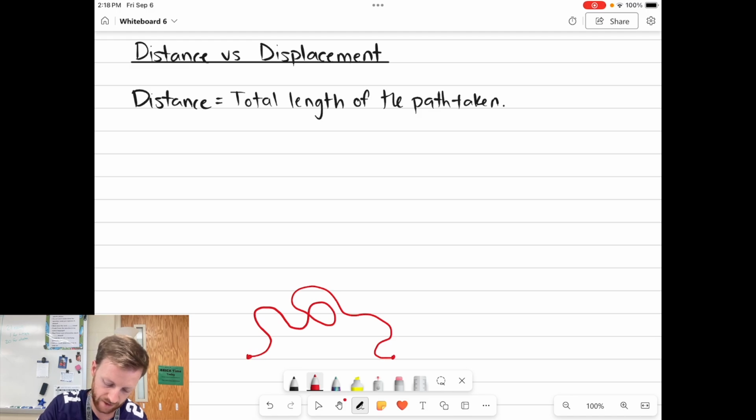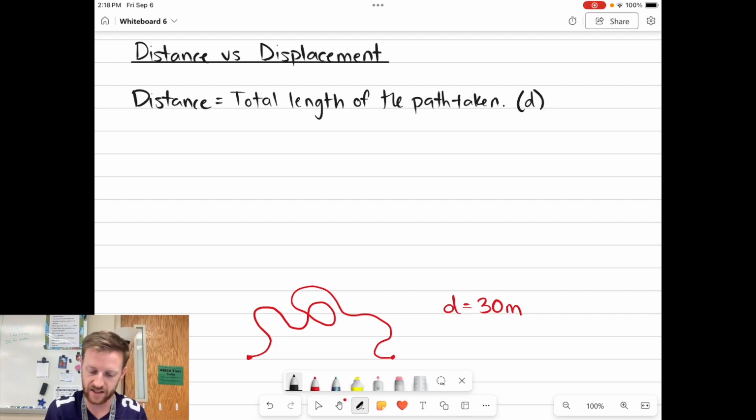And let's say this person did a total distance of 30 meters. So that's the path he took. And notice it's just kind of all over the place, right? That shows us, first off, distance is represented by a lowercase d, and it's measured in meters. So he ran 30 meters. He ran in a loop and went around and came back around. Well, that's a little bit different from displacement.